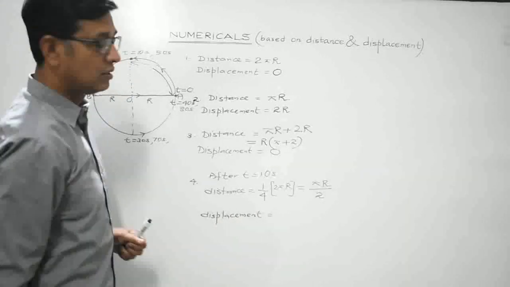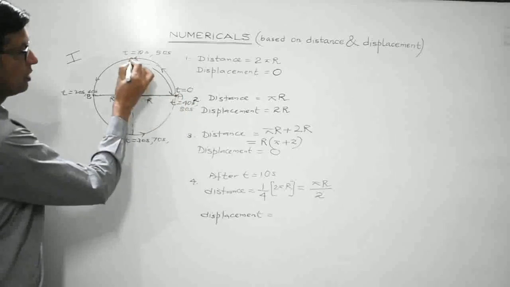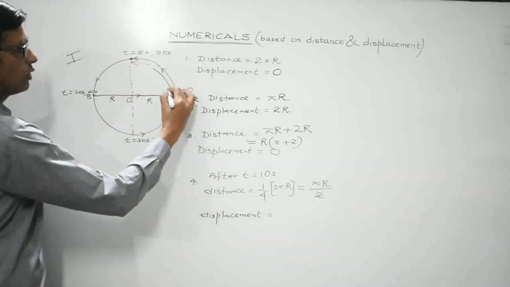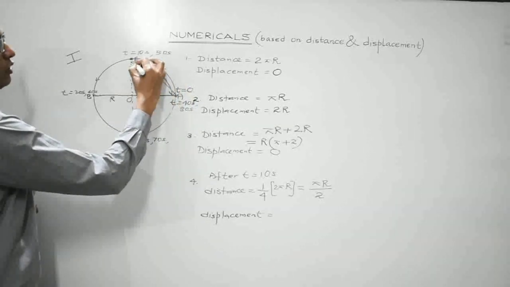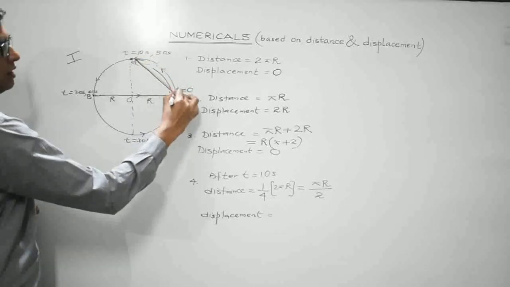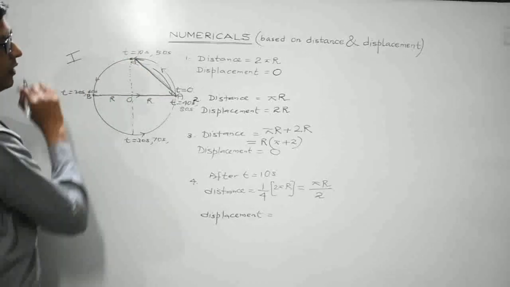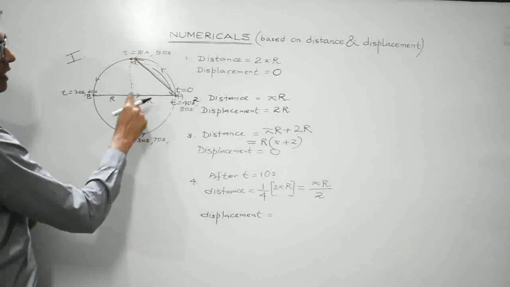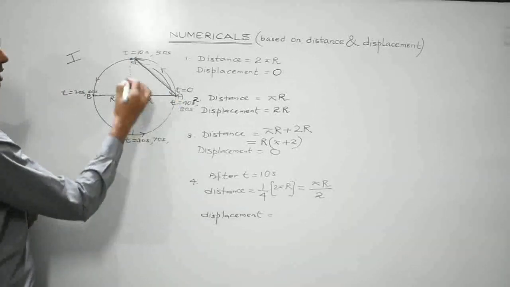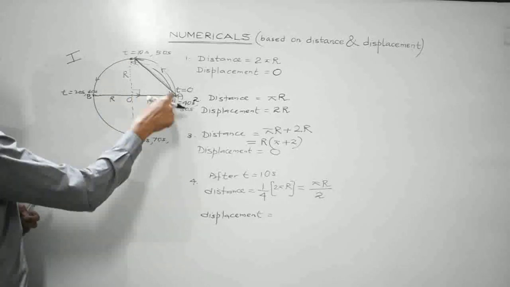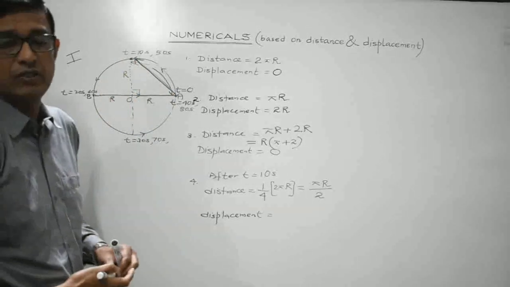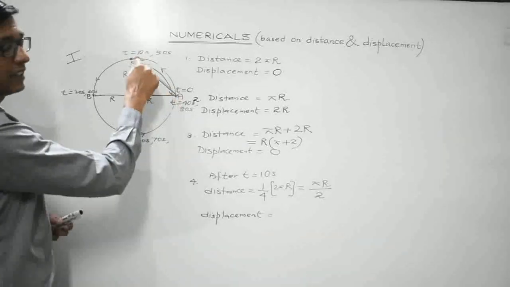Displacement would be, this is the initial position, this is the final position. So you need to draw an arrow. It's a straight line between these 2 points. The tail should coincide with the initial position, while the arrowhead should point towards the final position. Now look, it's a right angled triangle, isn't it? This is r, this is also radius. So displacement is this one, which can be given by the hypotenuse of this right angled triangle.